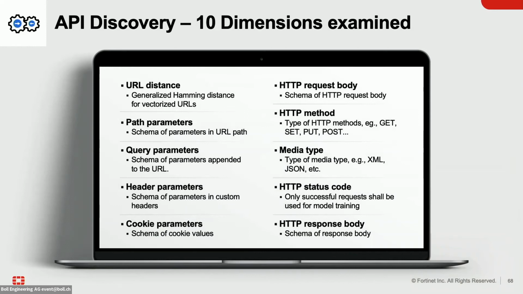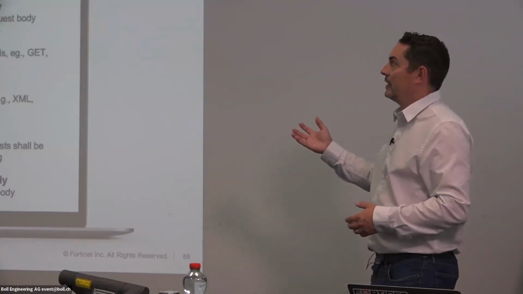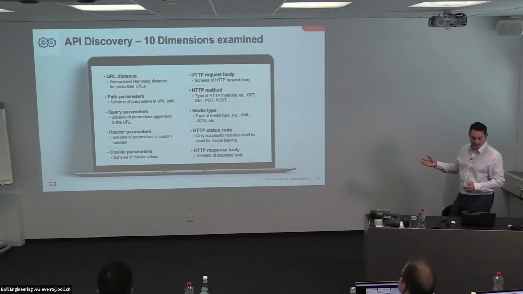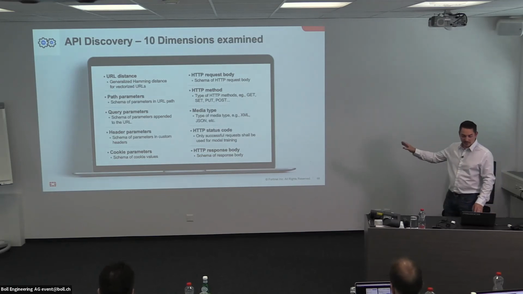All of these are analyzed by the machine learning model, and this helps us understand how it works as we simulate an API request, for example. So our machine learning is gathering all this information and builds a model based on those parameters.